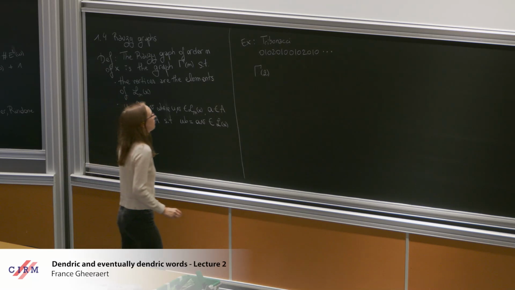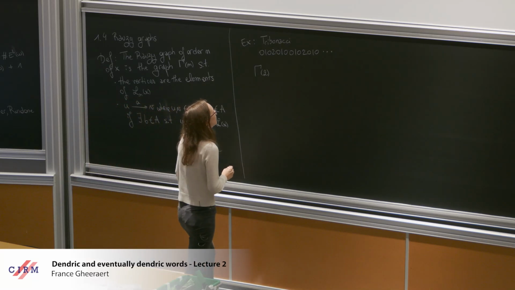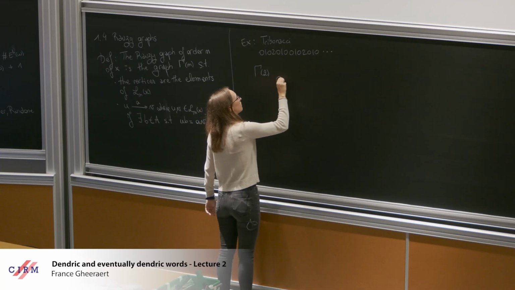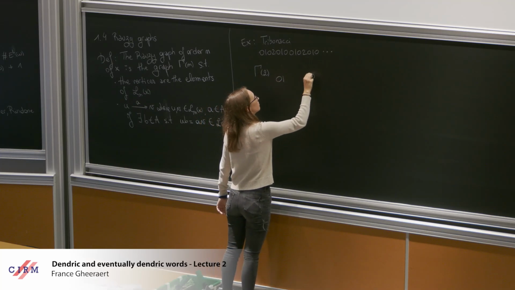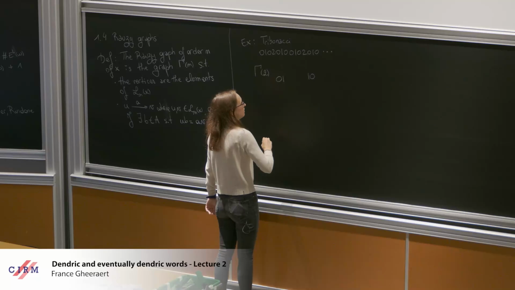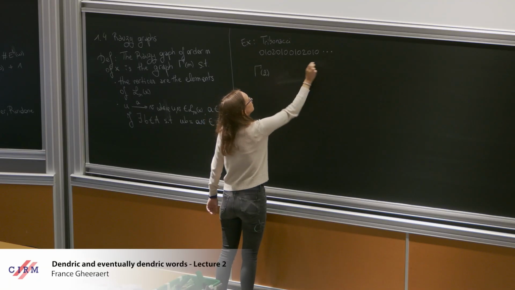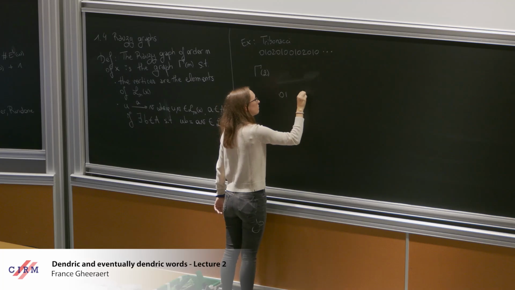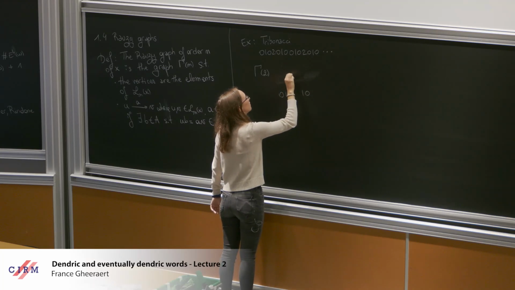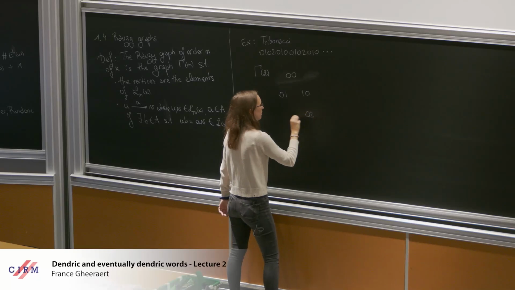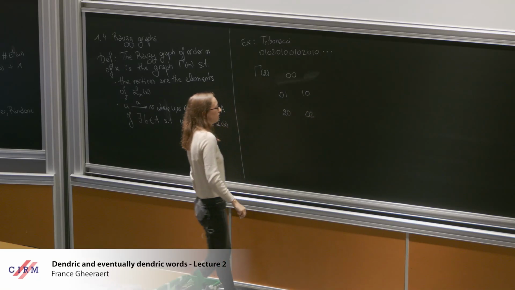There is probably a clever way of putting them, but I will do it kind of randomly and hope for the best. So I will have 1, 0, 1 there, 1, 0 there. Then maybe I'll put them in the middle. So 0, 1 there, 1, 0 there. Then 0, 0 above, and 0, 2 there, 2, 0 there.